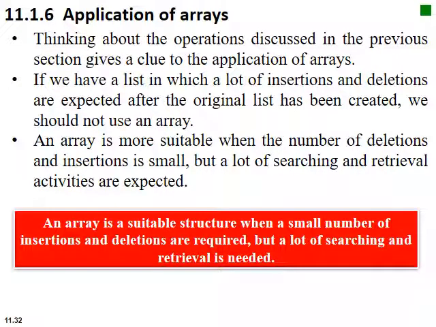So with all the examples we've seen here, you now know the applications of arrays. You can think about the operations discussed in the previous sections, and that will give you a clue of these applications. If we have a list in which a lot of insertions and deletions will take place, then it's not a good idea to use an array.